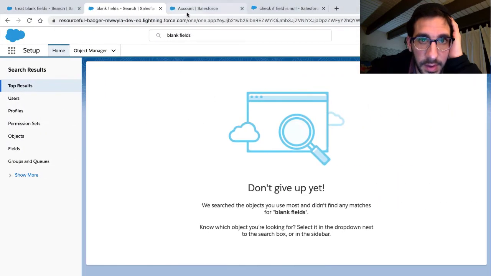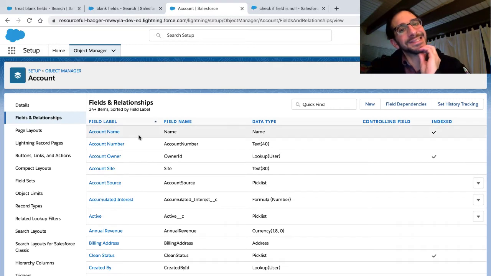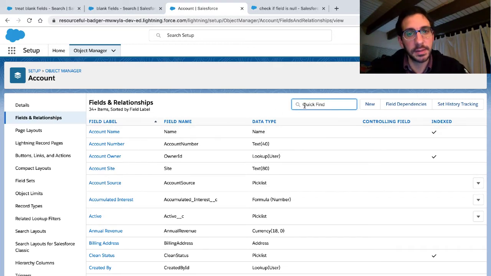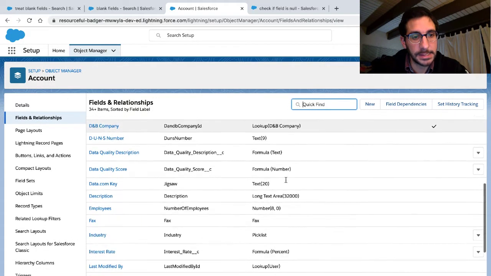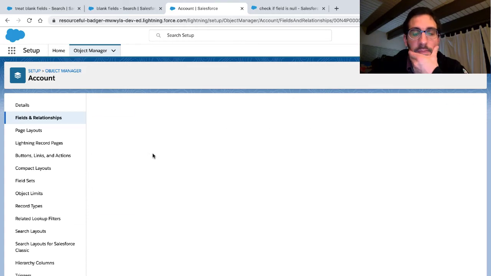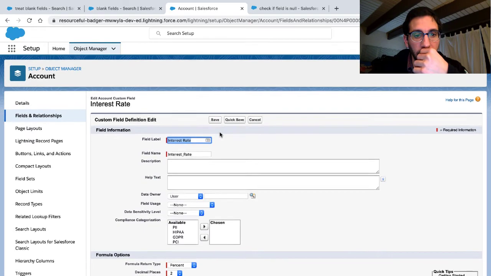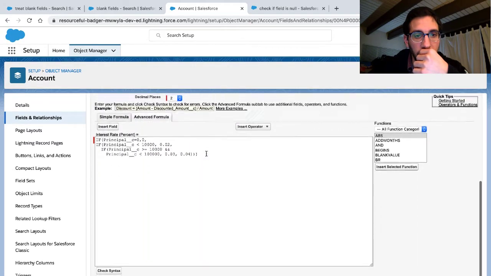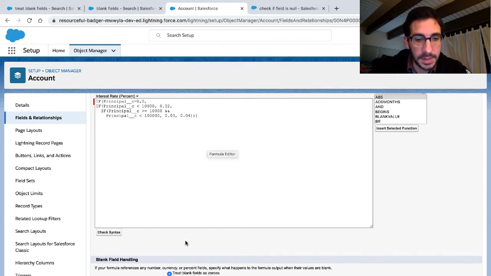So, if I go back to, what was it, interest rate? Okay, this is right at the bottom of this page. It might be cut off.